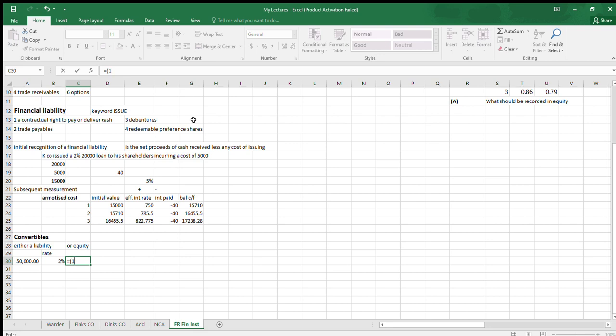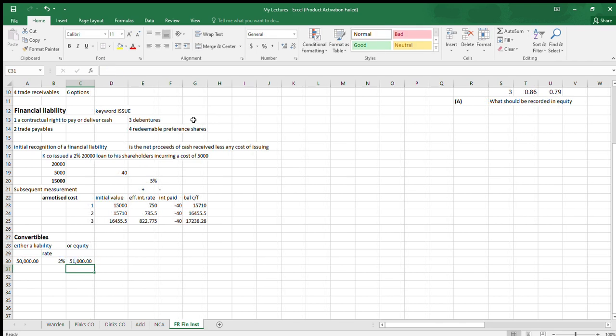1 plus the interest rate multiplying the 50,000. So at the end of the year, we are going to receive 51,000 if we take it as a liability.